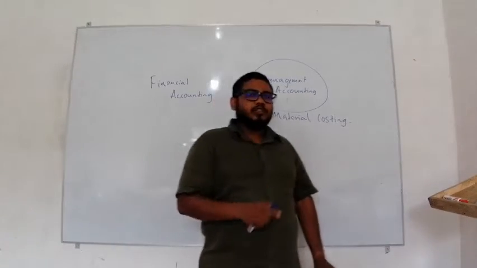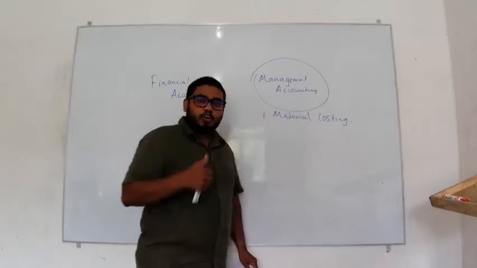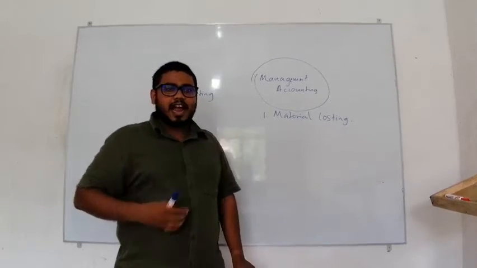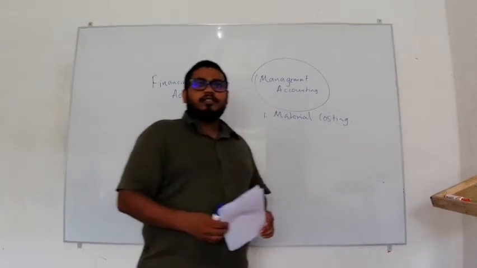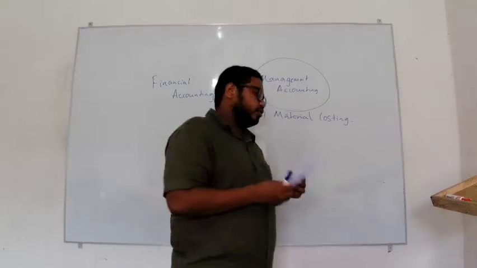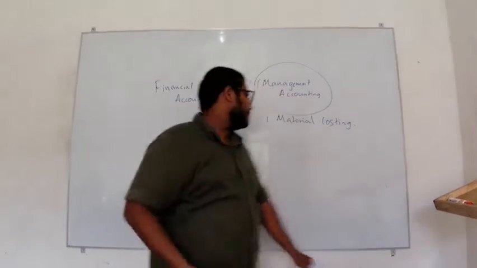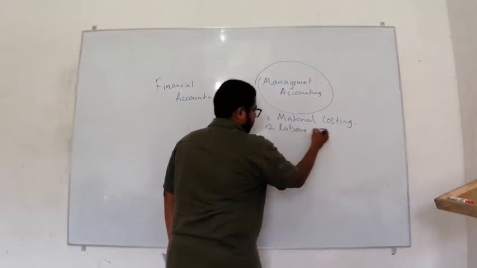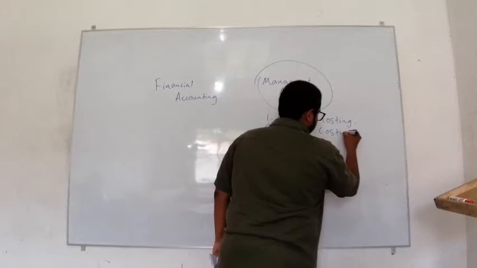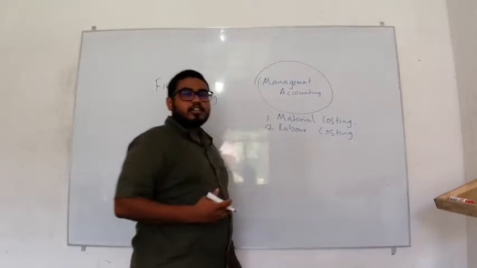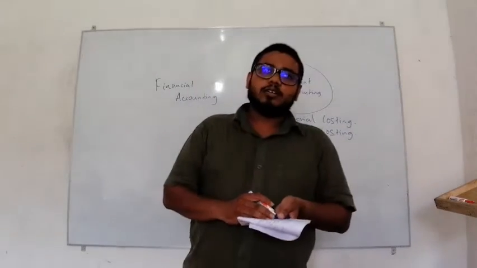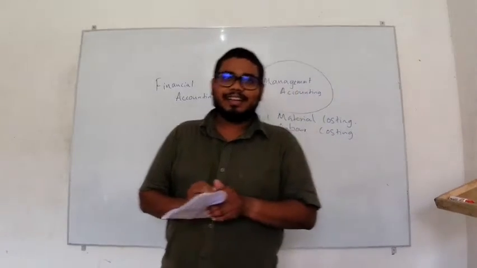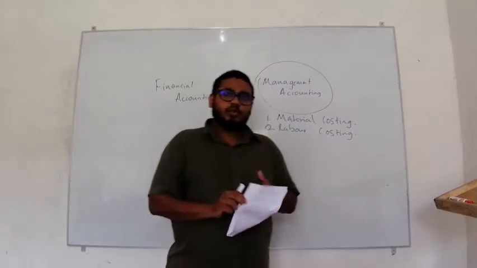In material costing, you will learn about economic order quantity, maximum inventory level, minimum inventory level, and more subject areas related to material costing. Second one is labor costing. In labor costing, you will learn about pay sheets management and more subject areas related to labor costing.